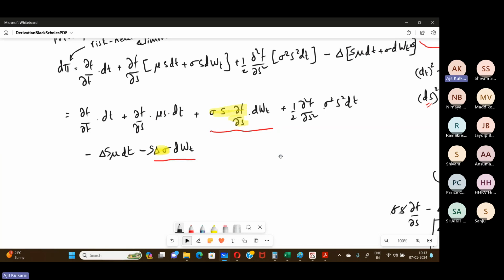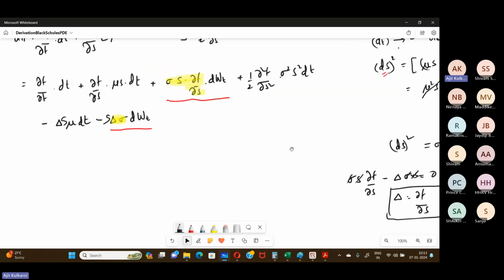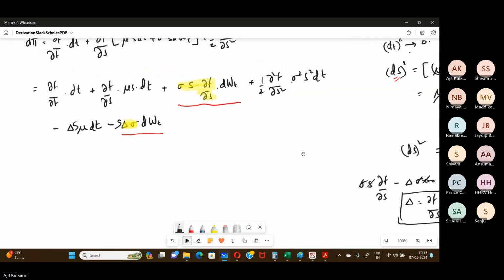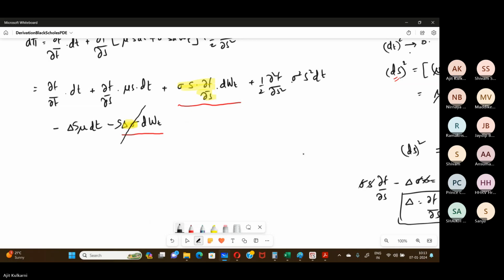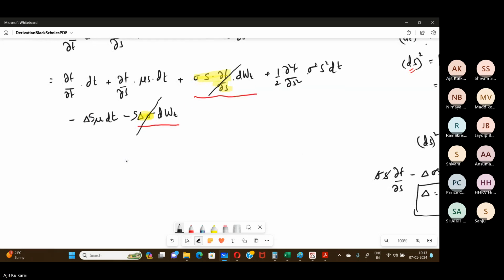So let me choose such delta. I have chosen delta is equal to dou F by dou S. If that happens, then this term is eliminated, right? But this still remains. Now let us see what happens.